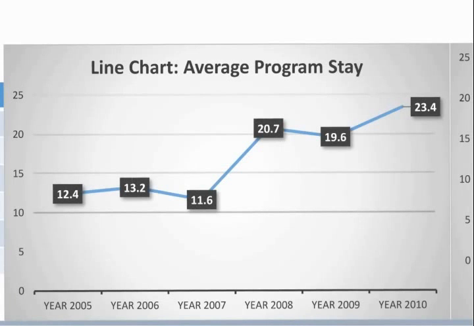So if we take a look at this line chart here, as we see, program participation was comparatively lower in the first 3 years, and then kind of zipped up a little bit in 2008, and stayed fairly stable in 2008, 9, and 10. Right. So this shows us that there were changes over time in the average program stay or program participation.